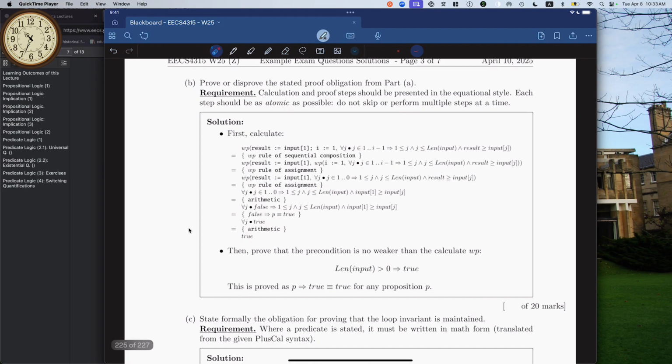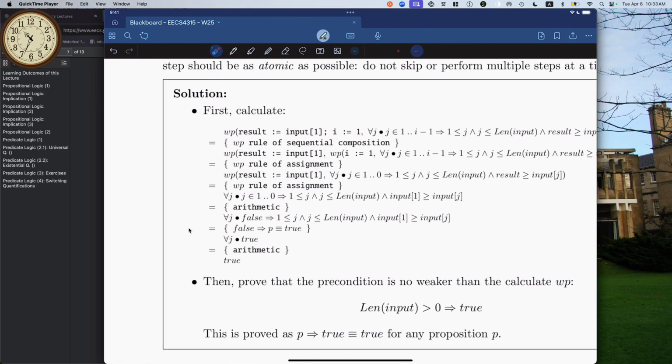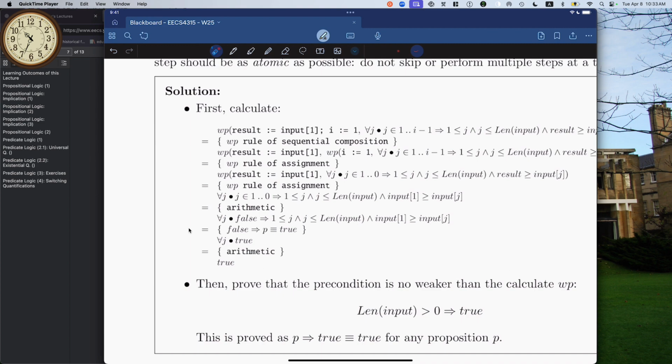Oh, you mean here? So arithmetic is really just for you to see, if you go from here to here, what the change is. We just go from 1, 0 to false. Arithmetic is a little bit vague in some ways. What you could have said would be, because 1 to 0 is an empty range, this would just be equivalent to false.